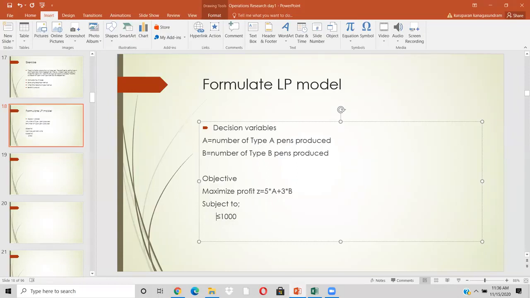I am saying B. We are talking in the units of B. If we are consuming 1 unit of raw material for B, how many units should be consumed by A?